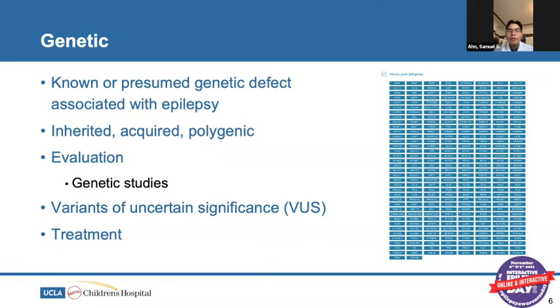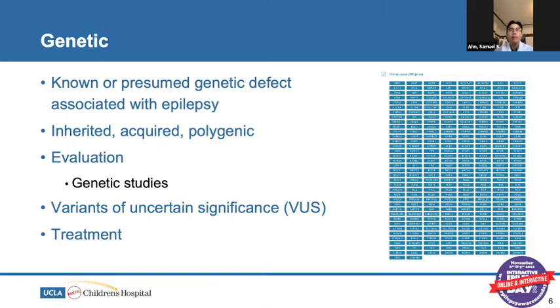Now, more recently, some of you may be familiar with epilepsy genetic panels, but there are now companies that offer genetic panels which have any number of gene mutations that are associated with epilepsy, and these are tested in a patient. This could be either a blood or saliva sample that's sent.